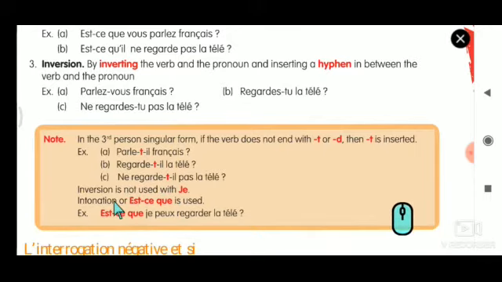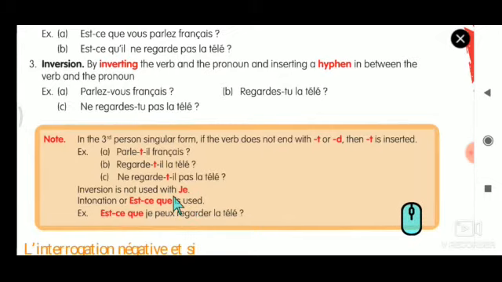Inversion is not used with je. So this type 3 is not used with the je form. Intonation or est-ce que is used. For example: Est-ce que je peux regarder la télé? If they ask a question that uses the inversion method with je, grammatically it's wrong.